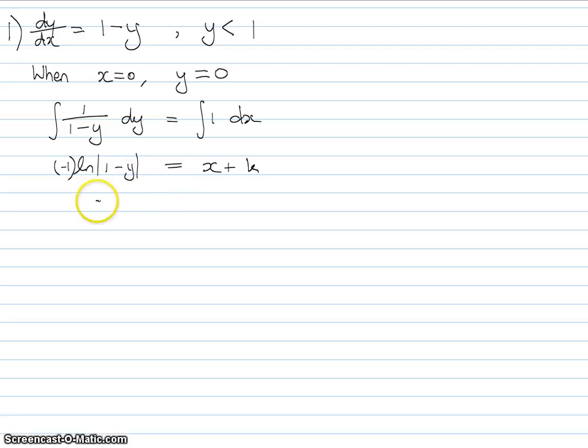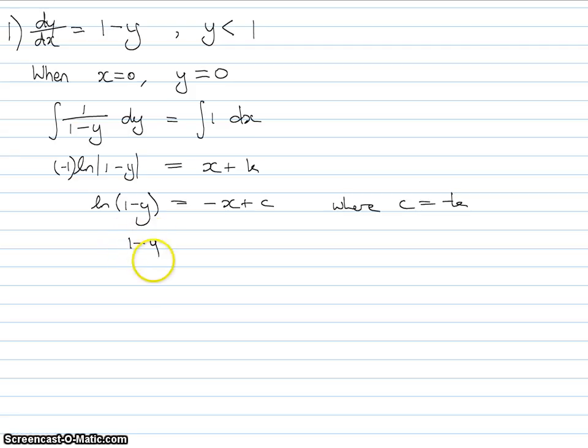So this is the same thing as saying that ln of 1 take y is equal to negative x plus some constant c. In this case, c is just negative k. But I don't actually have to keep track, I just know that this is still a constant.